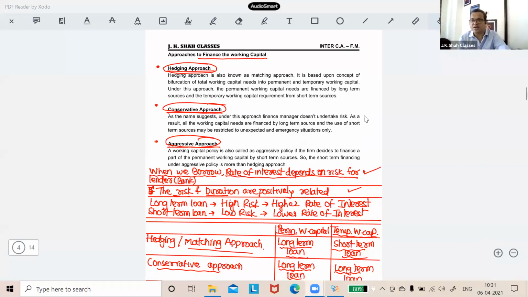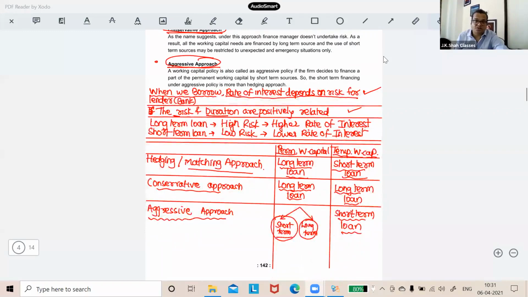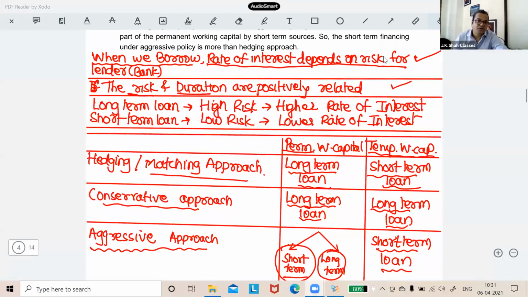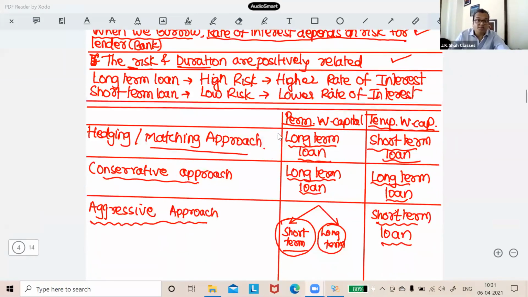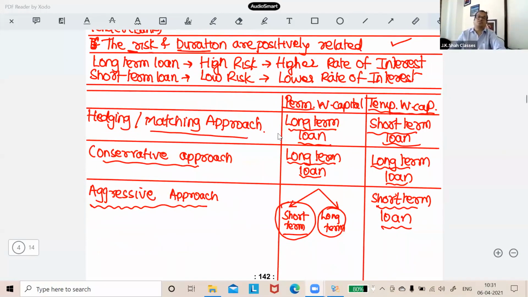What do you see in that? For long term, for permanent working capital, we will go with long term loan, and for temporary working capital, we'll go with short term loan. Conservative everywhere, long term loan, and aggressive would try to accommodate at least some amount of permanent working capital by what?